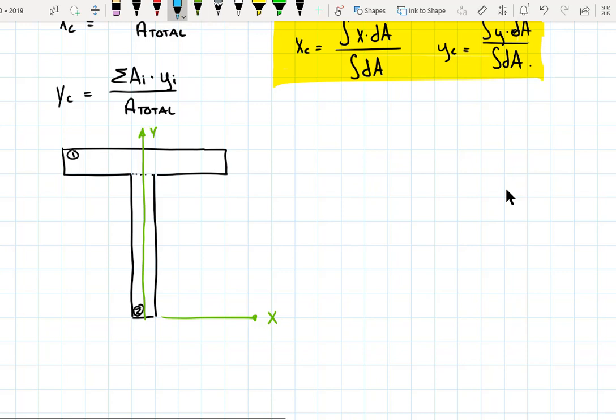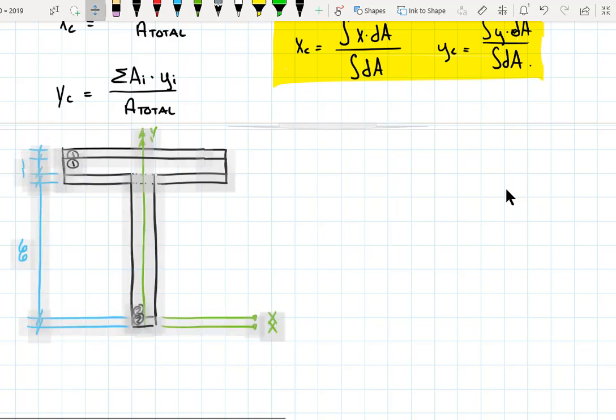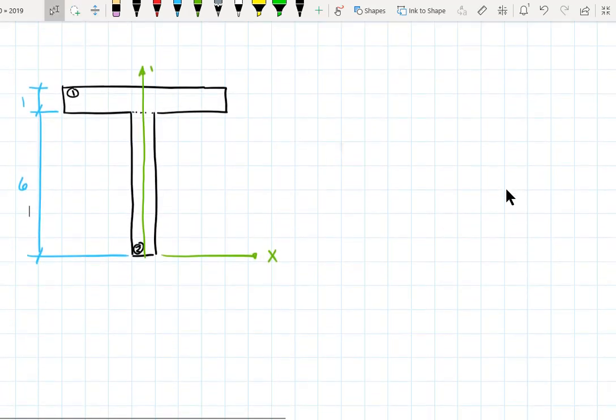Let's put dimensions on here. Let's make this 1 here. Let's make this one 1, 2, 3, 4, 5, 6, and then, well, we could probably move it down a little bit.